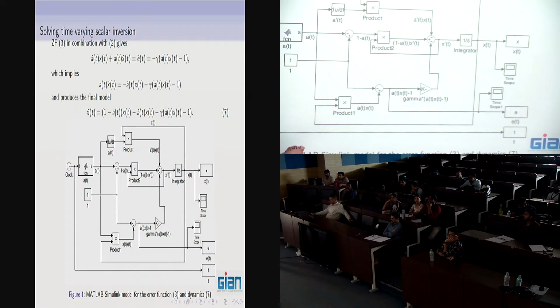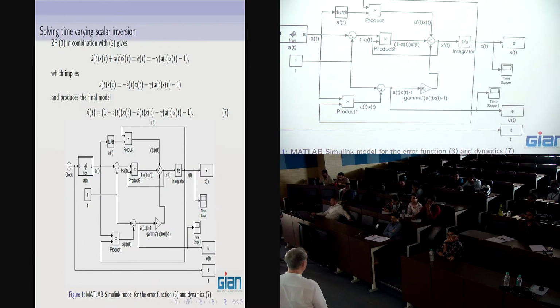Where is the beginning of this Simulink model? A of t. We used an interpreted matrix function. Double click on this A of t will open the definition.